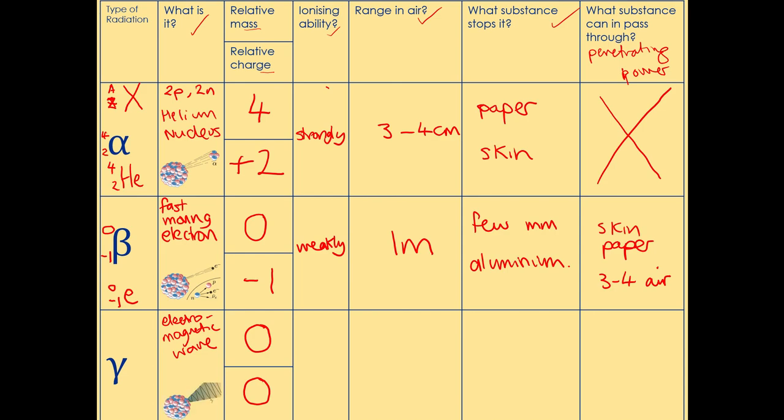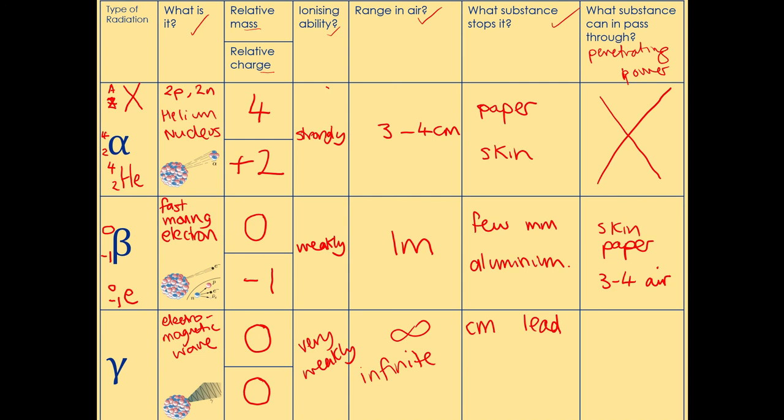Okay, so we've said gamma is very weakly ionizing. Theoretically, the range in air is actually infinite. There's no theoretical range. It's not stopped by aluminium. You need a much more dense substance to absorb that radiation and get it to stop. So not just a few millimeters, but you need a few centimeters of lead.